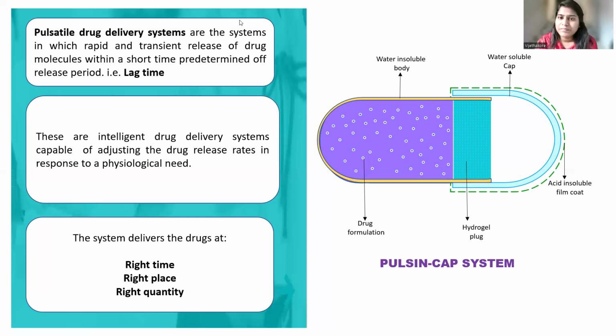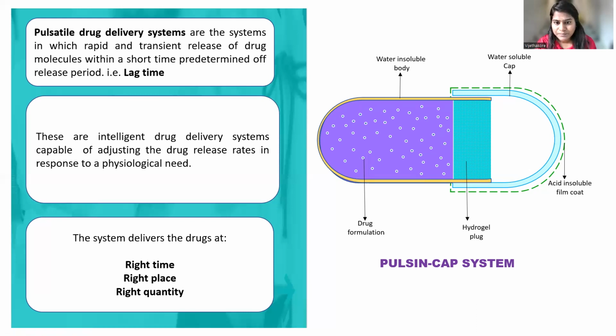These are the components of the pulsatile drug delivery system. The outer yellow layer is the water insoluble body. It won't be solubilized in GI fluids.